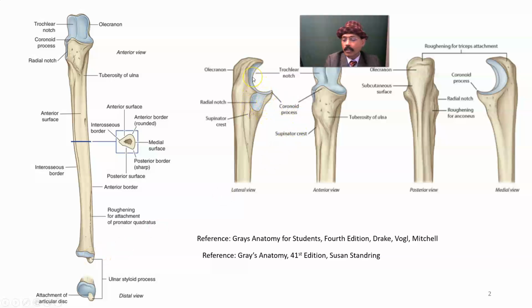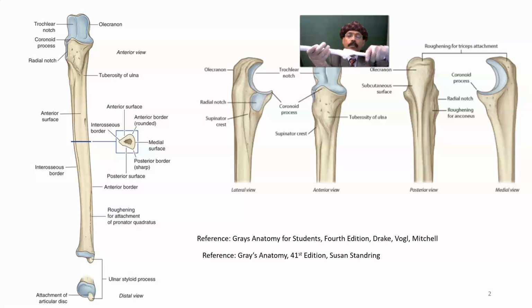This is the trochlear notch, which articulates with the trochlea of the humerus. It goes up to this level in extension. This part goes to the olecranon fossa here. This is the olecranon fossa.